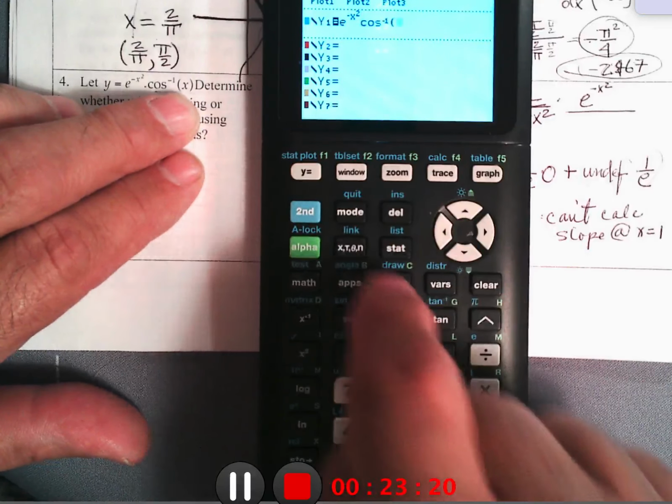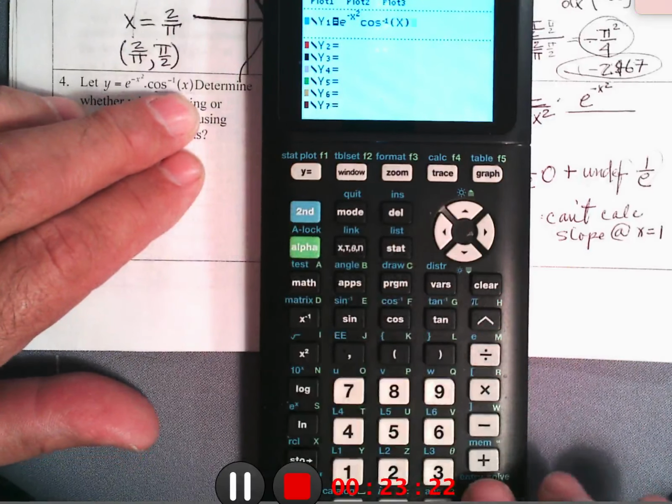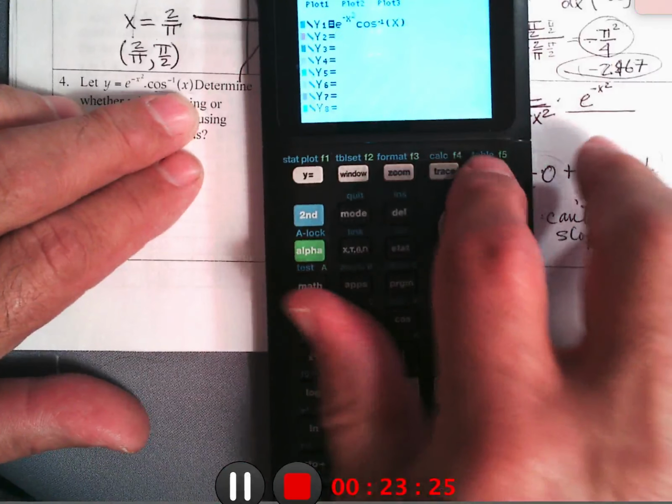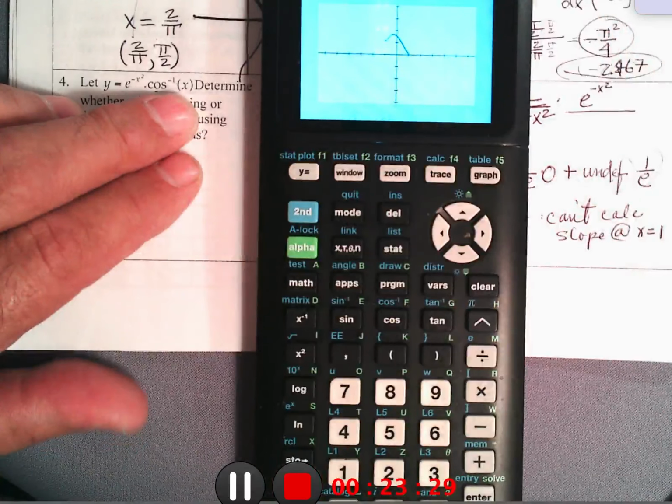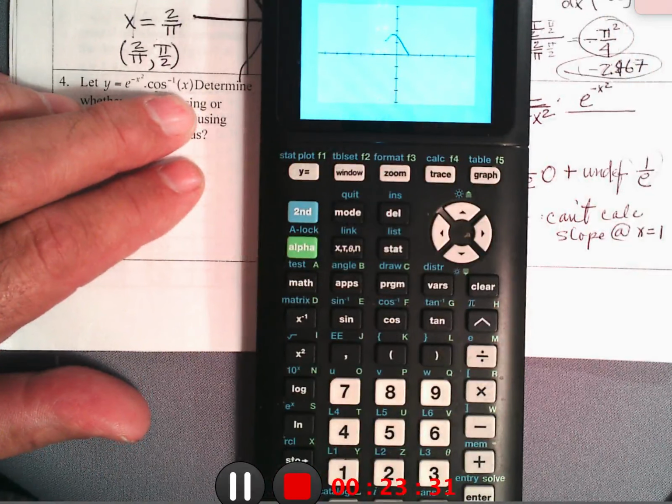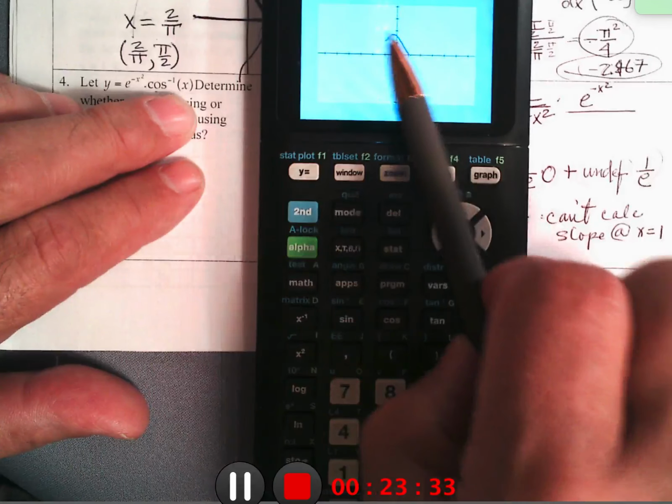Close parentheses. Graph. And the graph disappears at 1. Now, if I asked you for half or some other one, I could do it, but it disappears at 1.